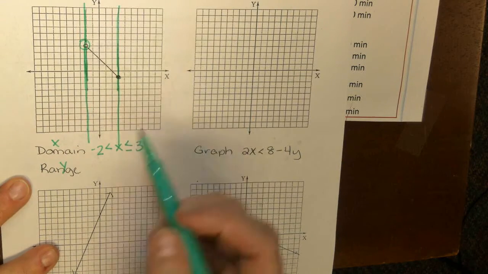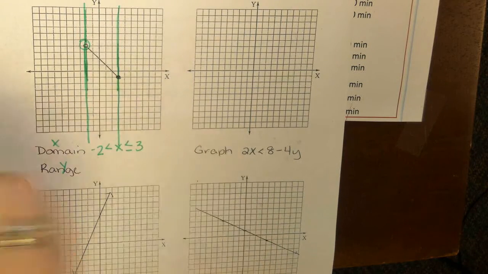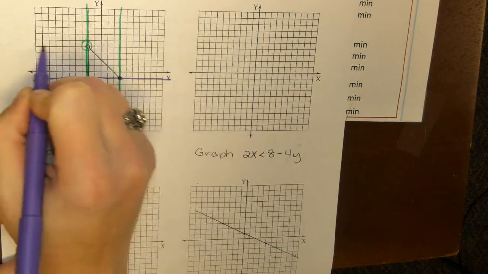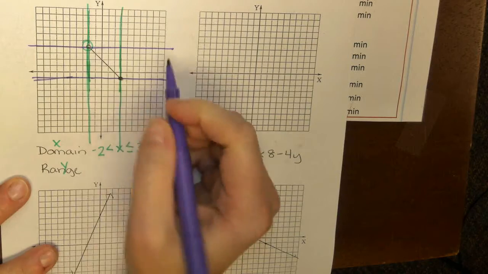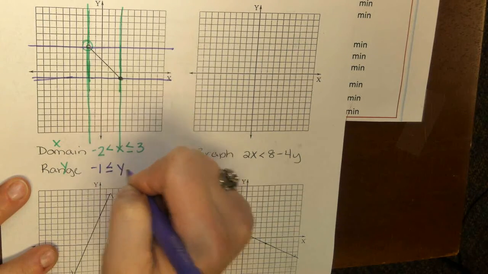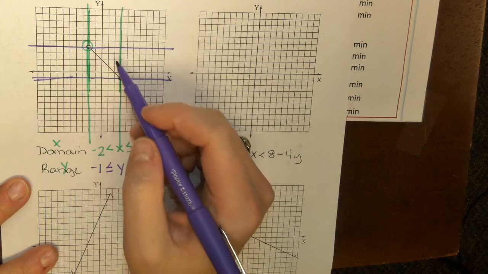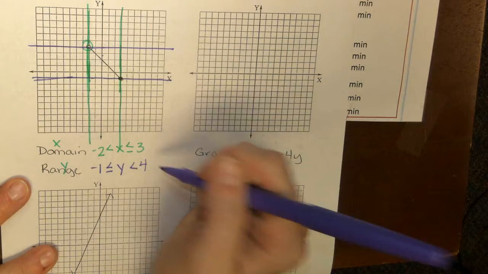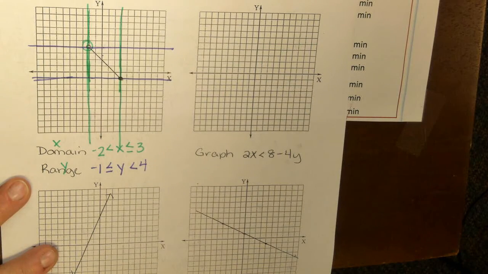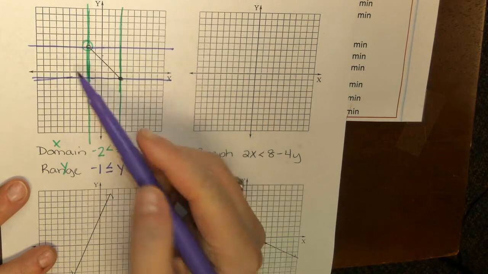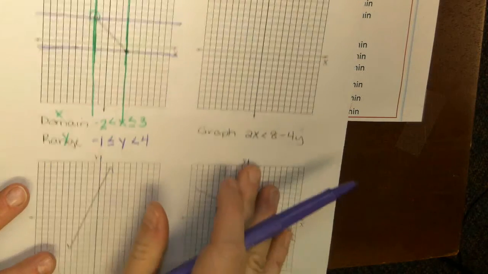Your range is your y value, so it goes from bottom to top. -1 is less than or equal to y, which is less than 4. That's how we do this, if you remember. You go left to right, then bottom to top.